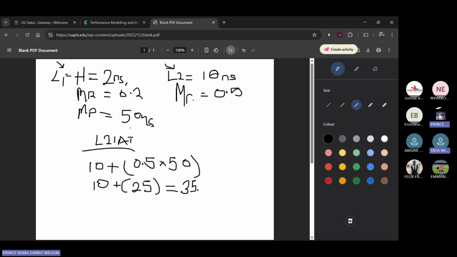This is the penalty we'll experience for level 2.